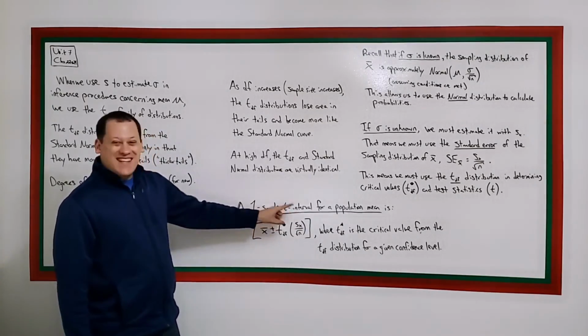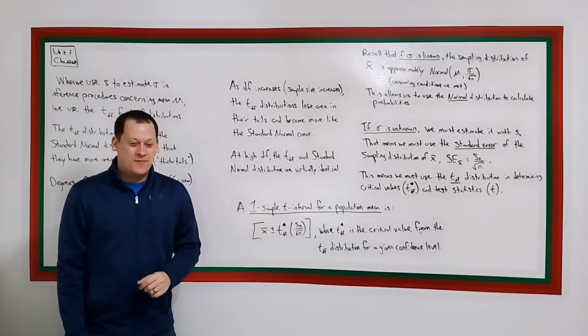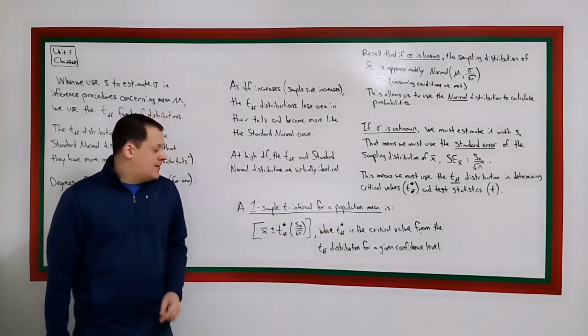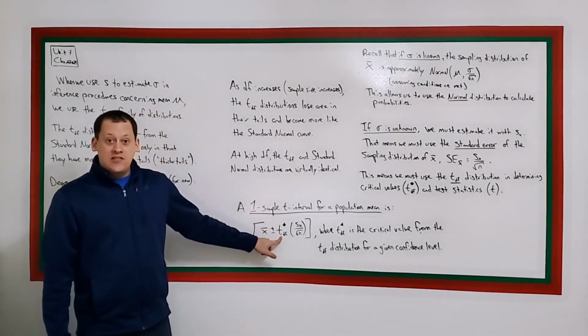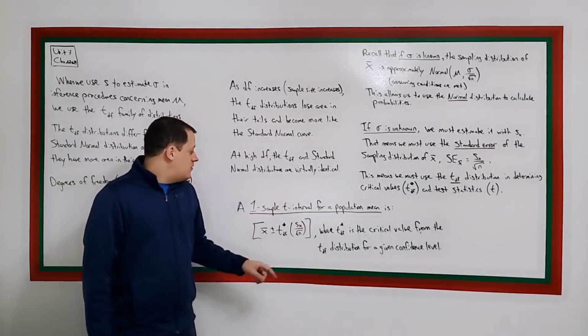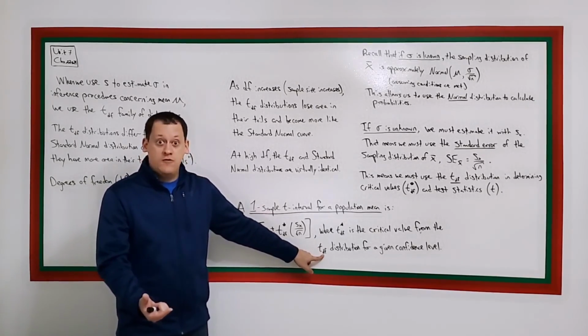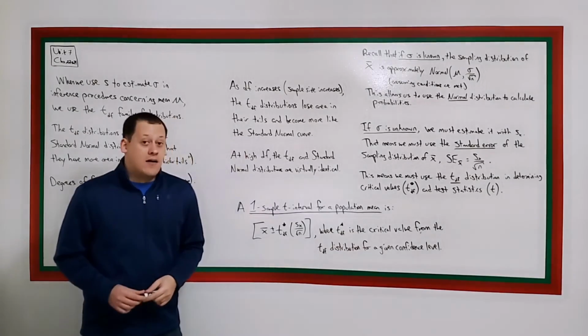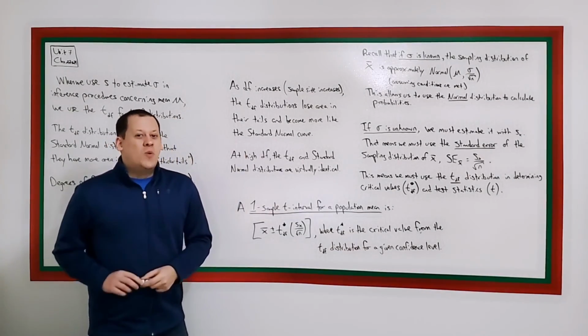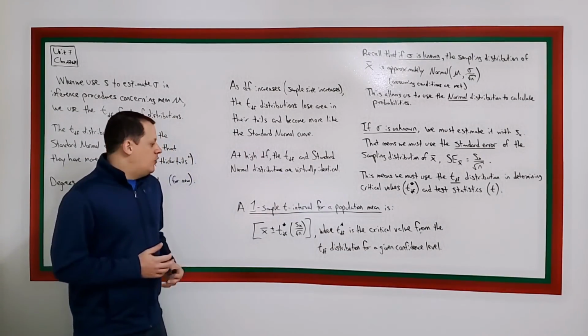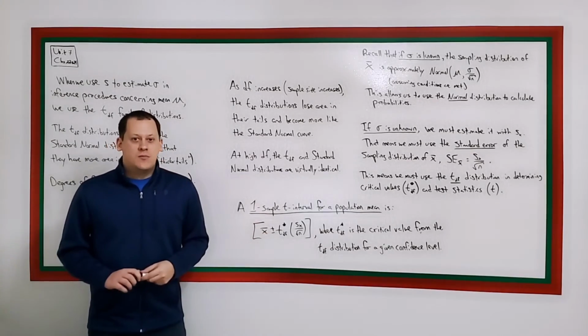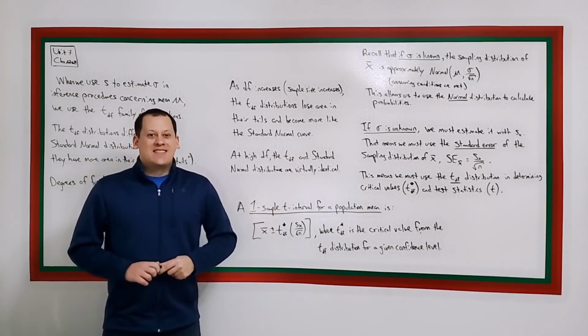So this is a t interval, not a z interval. And it's for a population mean. And this t star df, that's the critical value from the t distribution with however many degrees of freedom you've got for a given confidence level. We will get into an example where we calculate a one sample t interval in that next video.